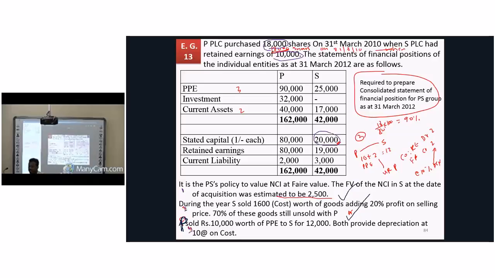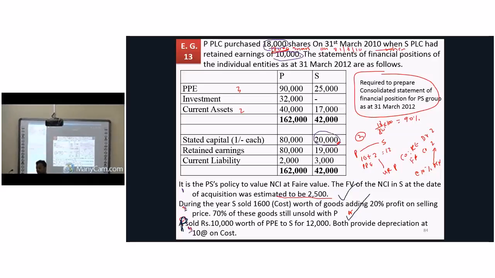This transaction took place on 31st March 2010. Now we are in 31st March 2012. It means 2 years back. Now over provision of depreciation will be 10% for 2000 into how many years? 2 years.